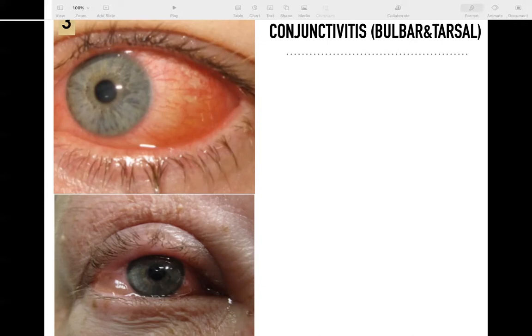Bulbar conjunctiva is the part which covers the exposed part of the eye, covers the sclera and all around the cornea, and the tarsal is the part of the conjunctiva which lines the back of the upper and lower lids. So the conjunctivitis could be bulbar and tarsal conjunctivitis.